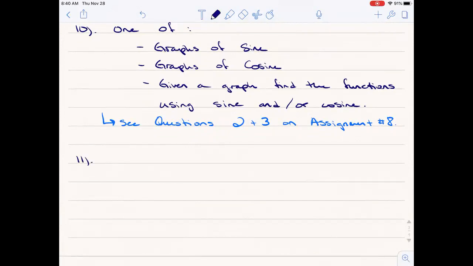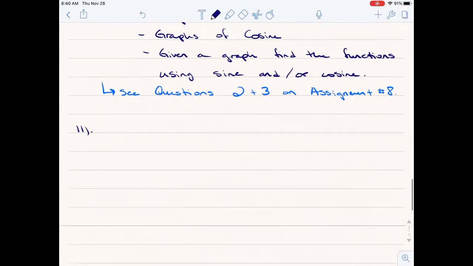Question 11 is on the circular functions.